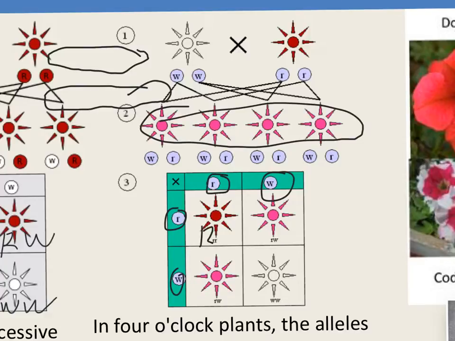So this one is RR. This one is pink, RW, WR, and then WW. Oh, by the way, RW and WR are the same, right? So with pink, you have heterozygous, you have one R and one W for white. Okay? That's incomplete dominance.